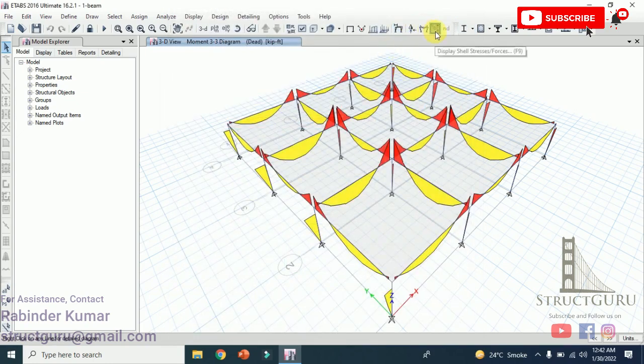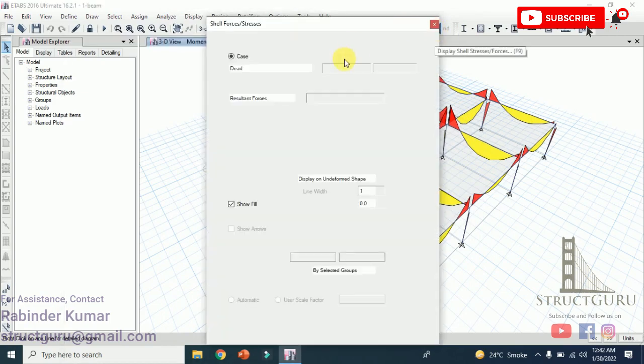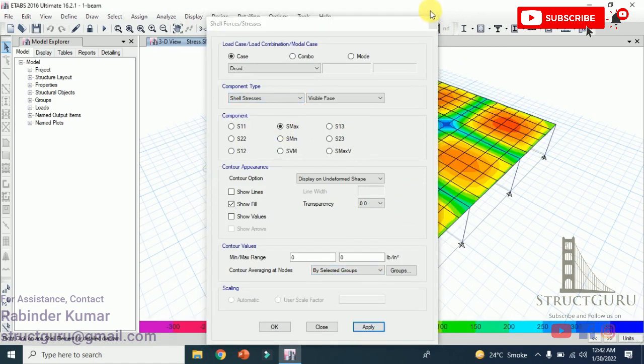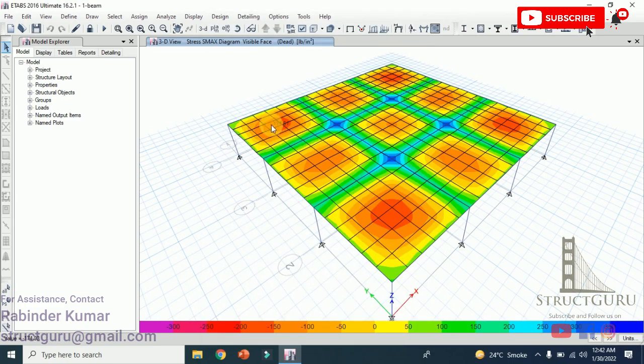Now let's take the shell stresses. So we are going for maximum values. For maximum values we are getting 186, 133 at the mid, 188, and at the supports we are getting 343, something like this.